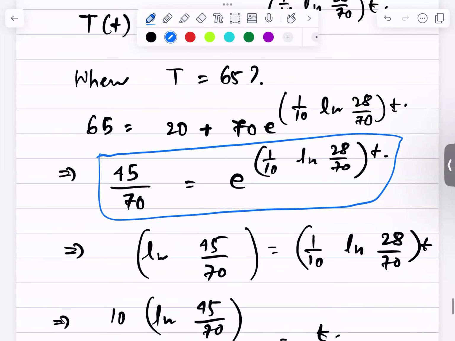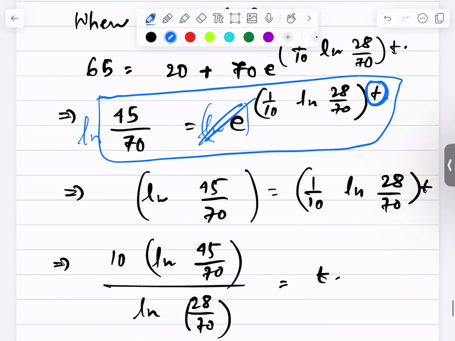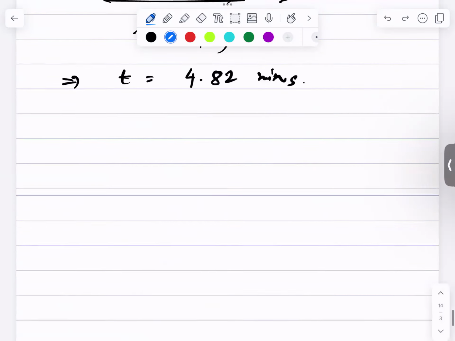When you have e to the something and you need to solve for this small t, what you do is you take ln on both sides, and ln and e are inverses of each other, so this will go away and you will get ln of 45/70 on the left hand side, and on the right hand side you will get the power of e, which is the t. That is the basic idea that I've used.